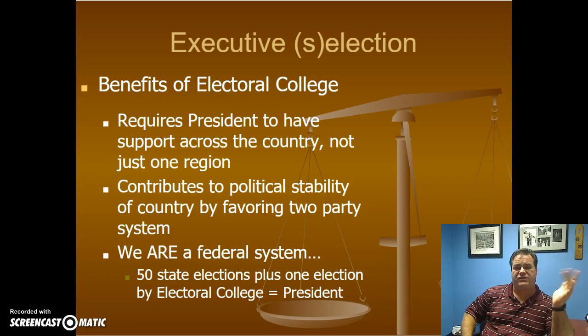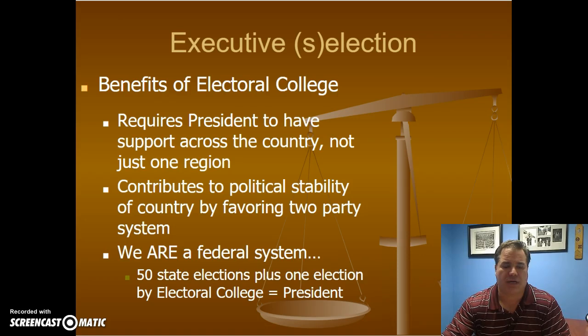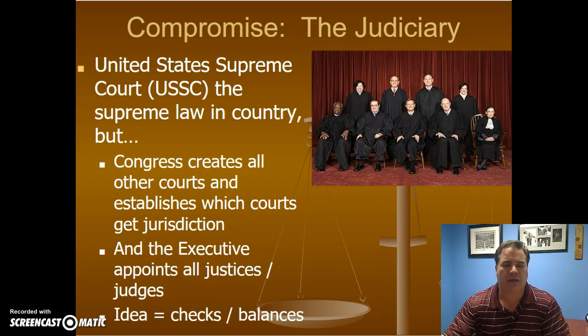We have 50 state elections plus one nationwide election, and that being in the electoral college to elect a president. So you have a mix of the direct election, in our modern case, 50 of them at the state level, to select the delegates to an electoral college, which then holds a national election. It's actually a pretty elegant system. More about that in future weeks and months.